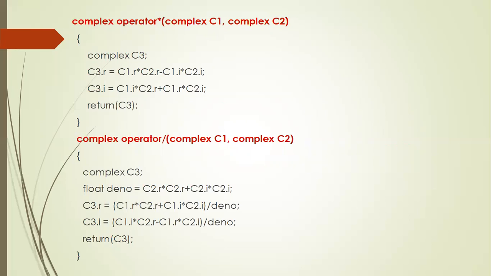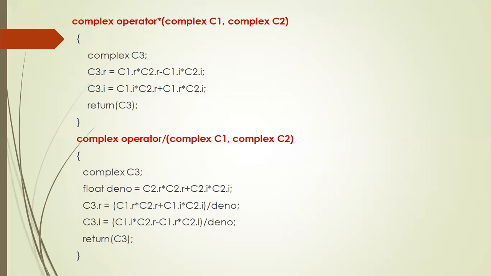Similarly, C3 dot I, that is the imaginary part of C3, equals the imaginary part of C1 into the real part of C2 plus the real part of C1 into the imaginary part of C2. This is a general and well established formula to find the product of two complex numbers.